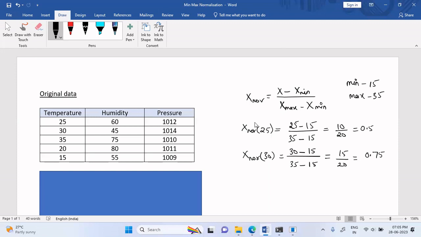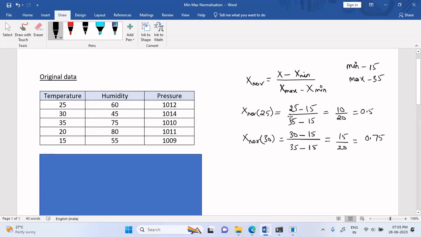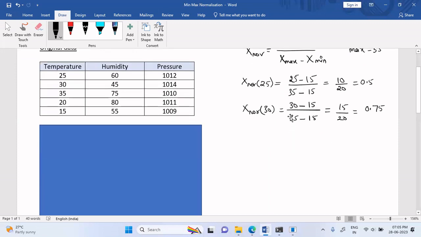So let's calculate the pressure values. The same formula we use. Before applying the formula to the pressure column, we need to find the minimum value and the maximum value in the pressure column. The minimum value in the pressure column is 1009 and the maximum value is 1014. So apply the same formula for this column also.